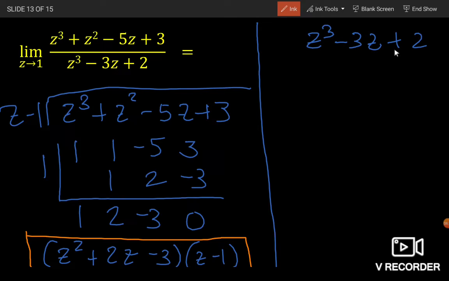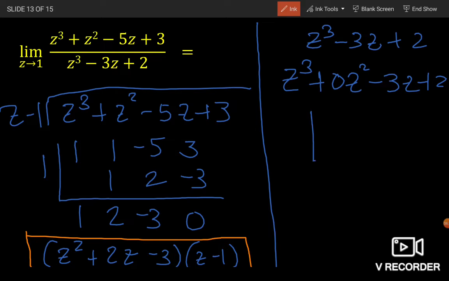So you have to rewrite this now as z cubed plus 0z squared minus 3z plus 2. Okay? Now you have all the powers: z to the third power, z to the second power, z to the first, and 2 times z to the 0 power.